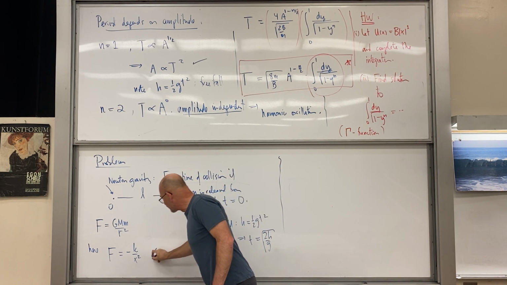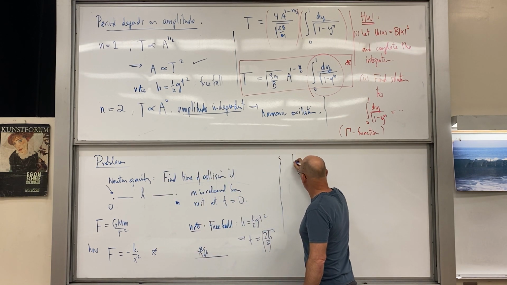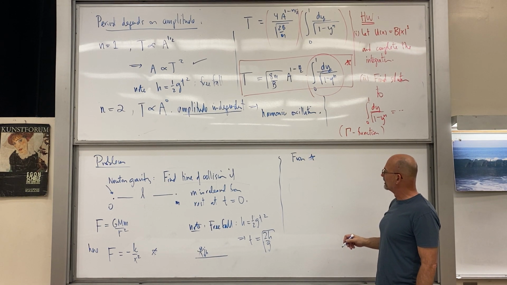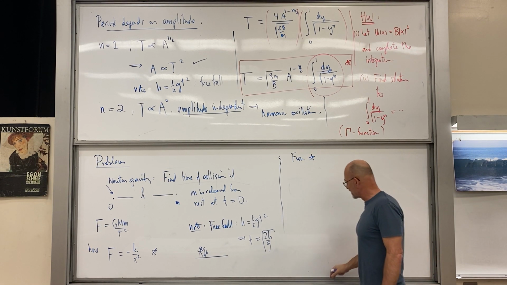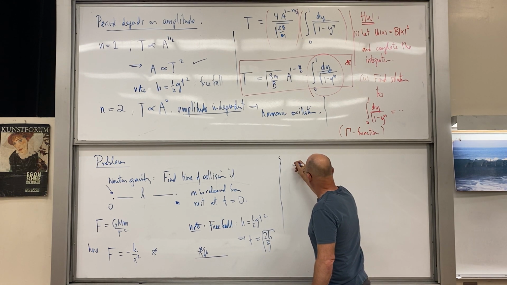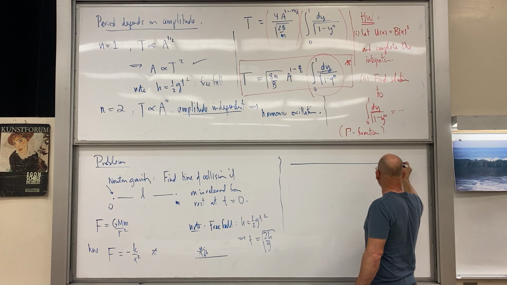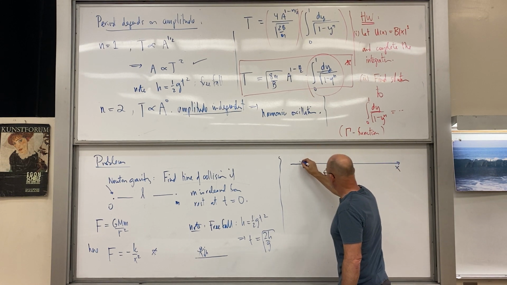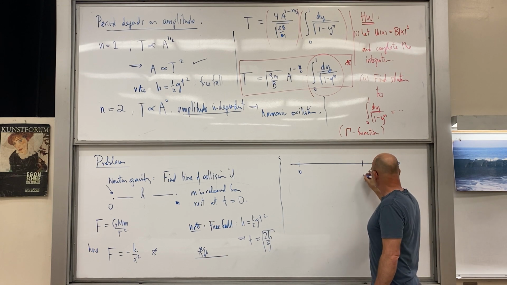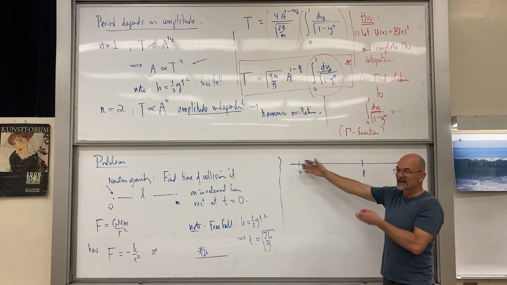We've done this one before, from the star expression here, and let's go ahead and put this on an axis now. So there's X, 0 is our center of attraction, and there's the point L, and we're going to be attracted to the left.